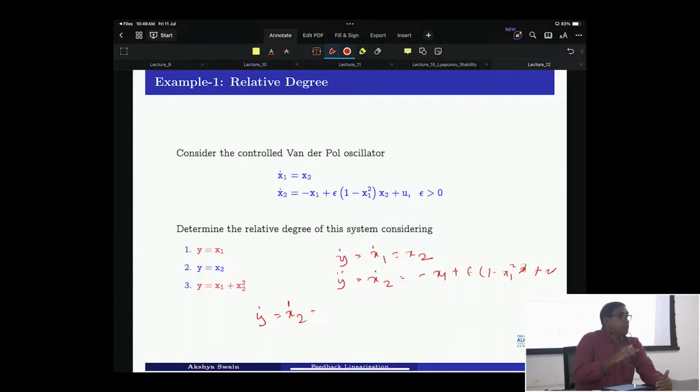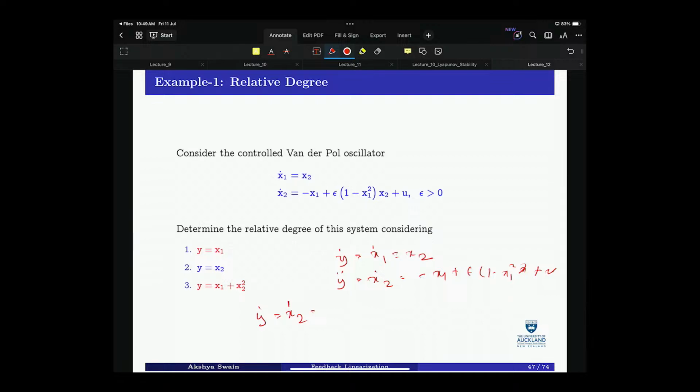Output is just Y is equal to Hx. Yeah, relative degree is dependent on how you are defining it. If your output is Y is equal to X1, the relative degree is 2.